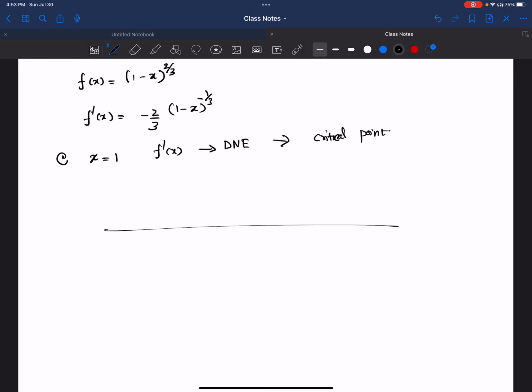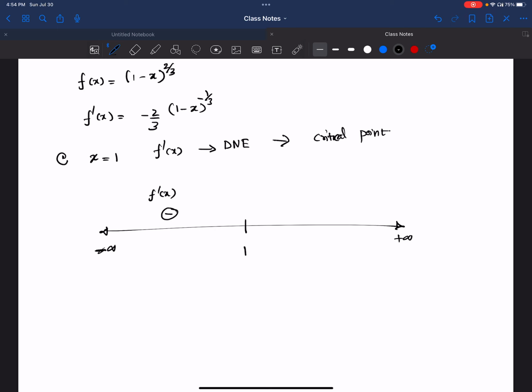Now we're going to look at 1, with negative infinity on this side and positive infinity on this side. When you look at any value less than 1, let's put 0 here, f prime of x is negative.